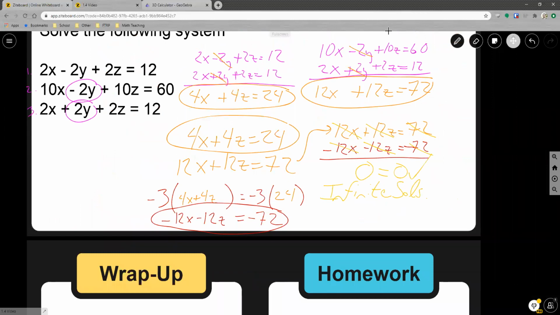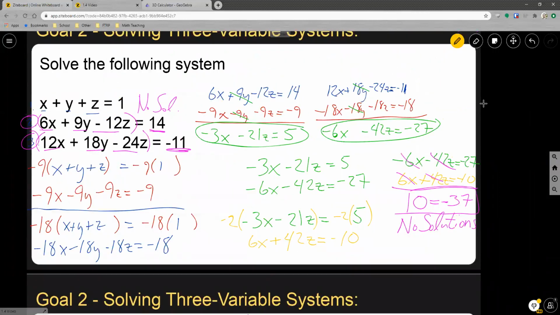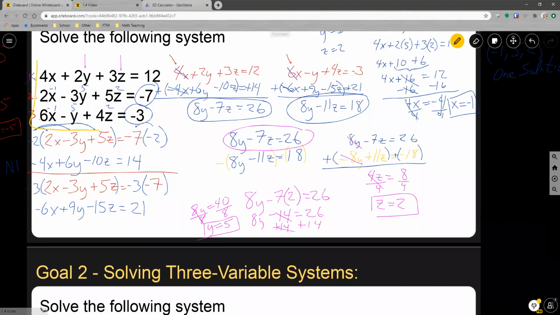So in this section, we did a lot of manipulation of these equations. Just remember, the goal is to go from a 3 equation with 3 variables system to then work towards having a 2 equation, 2 variable system, and then use that to solve for x, y, or z, like I did. Let me go back up here. 3 variable system to 2 variable system, and then eventually I solved for z.